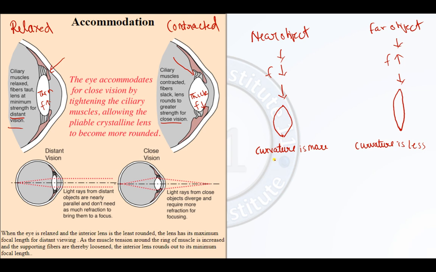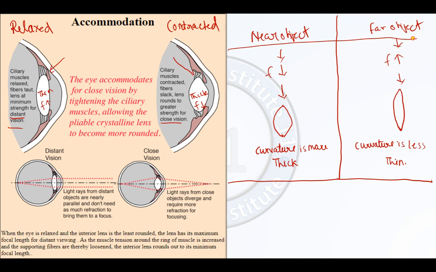Curvature is more, so I can say the eye lens is thick, and here I can say the eye lens is thin. See, why I am explaining this again and again, because this is important for a 1 mark question that is going to be asked from this chapter, and that question will be quite logical.